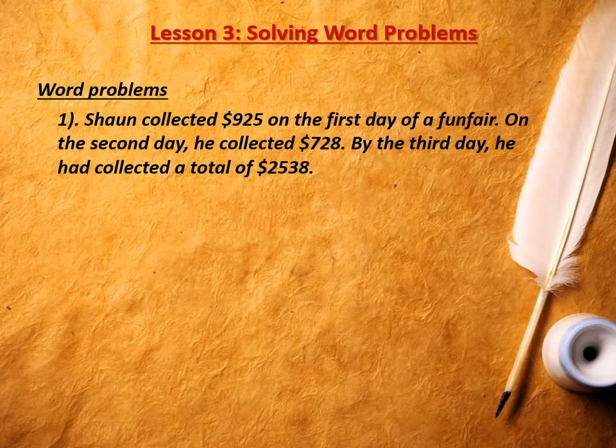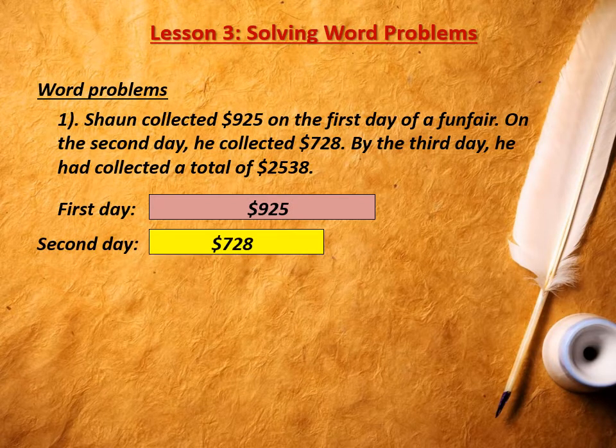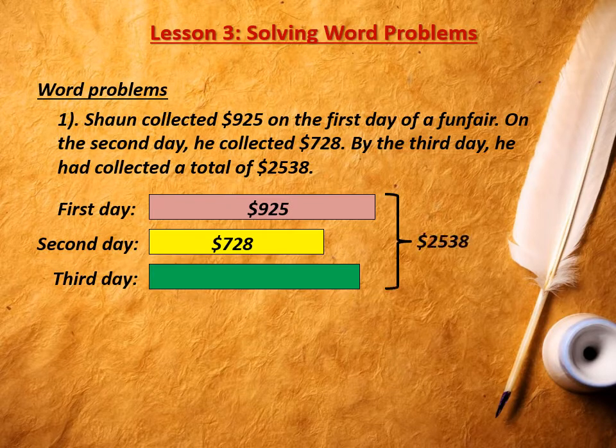Okay, now we look. The first day, the money is $925. The second day, the money is $728. It is less than the first day. And the third day, we don't know how much, but we just know the total is $2,538. In question A, they want to know how much decrease from the first day to the second day.